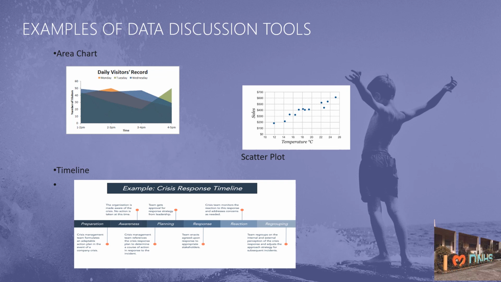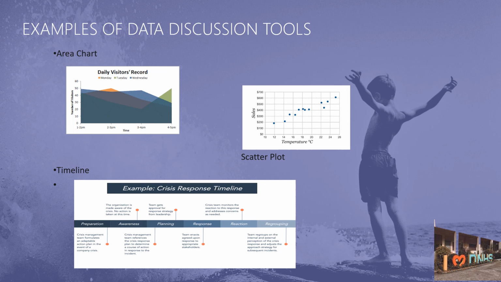Okay, and we have the area chart. So if we would like to look at the daily visitors record, let's say, or let's say we can look at, let's say, garbage collection volume, okay, at specific collection points. So this could also be an area chart. And we have the scatter plot. Let's say if we would like to map out the senior high school's diagnostic exams, or let's say not results for the national high school through the years, we can plot them.